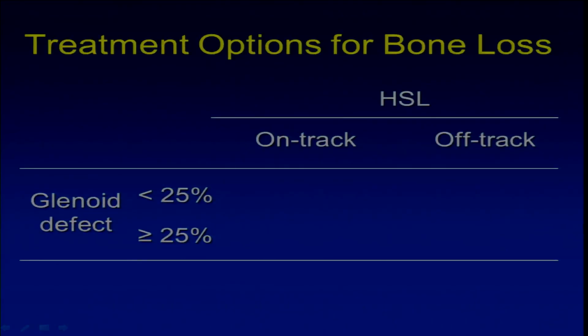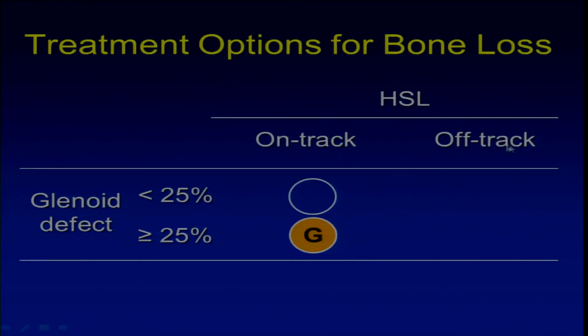So the treatment option is this. For the on-track Hill-Sachs lesion, you don't have to worry about Hill-Sachs, and if the glenoid defect is small, just fix the soft tissue. That's enough. For on-track Hill-Sachs lesion and the glenoid defect is greater than 25%, you have to fix the glenoid, for example, by Latarjet.